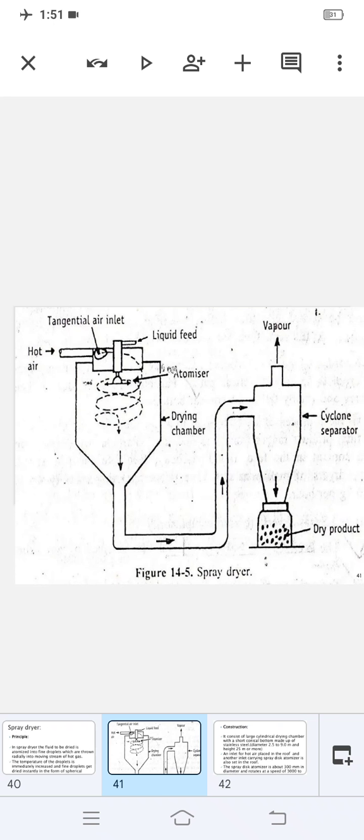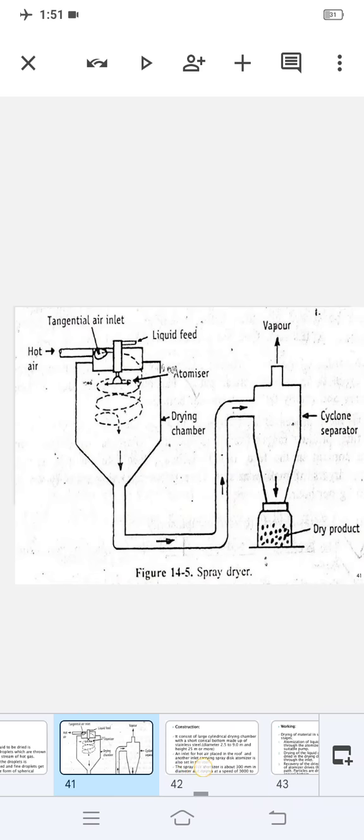The particle size of the final product ranges from 2 to 500 millimeters. The particle size depends on the solid content in the feed, liquid viscosity, feed rate, disk speed, etc. Spray dryers of maximum size have an evaporating capacity of up to 200 kg per hour. So this was the spray dryer.